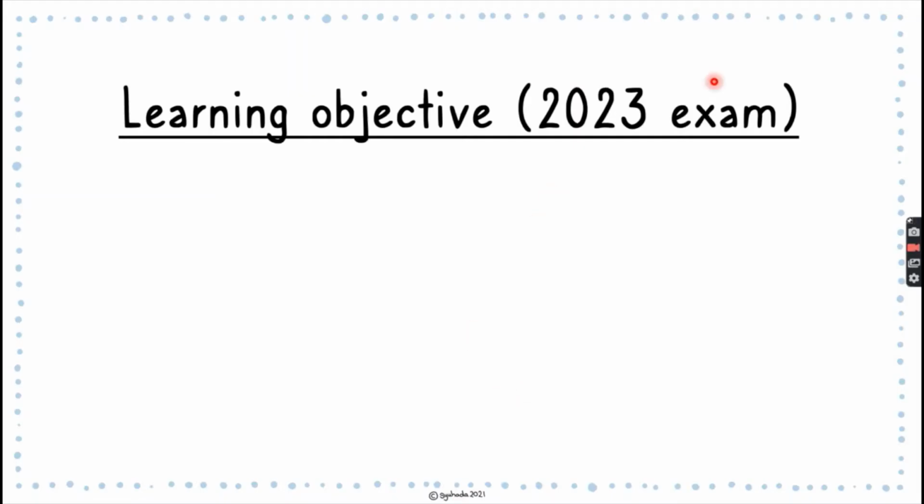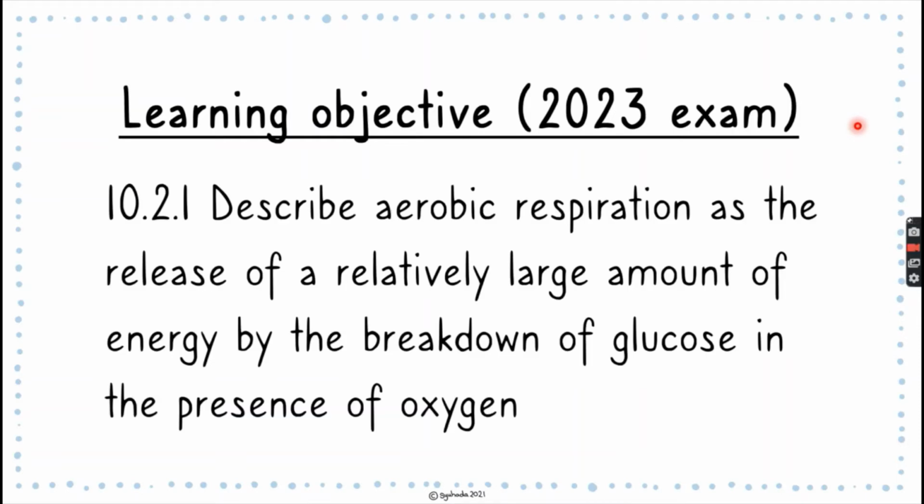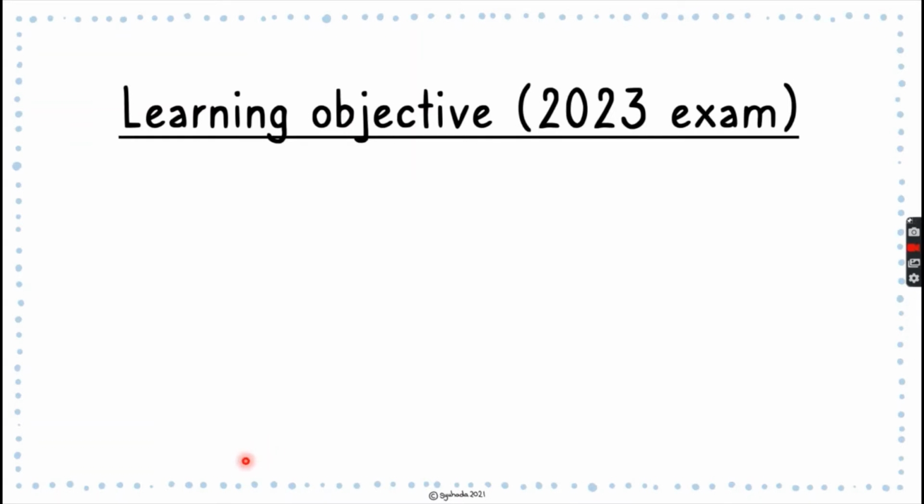For the 2023 exam, your learning objective is firstly 10.2.1, describe aerobic respiration as the release of a relatively large amount of energy by the breakdown of glucose in the presence of oxygen.